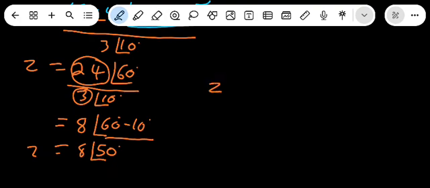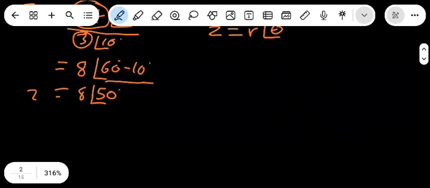Now we have to express this in rectangular form. This is simply r at angle theta, where r is the modulus and theta is the argument.